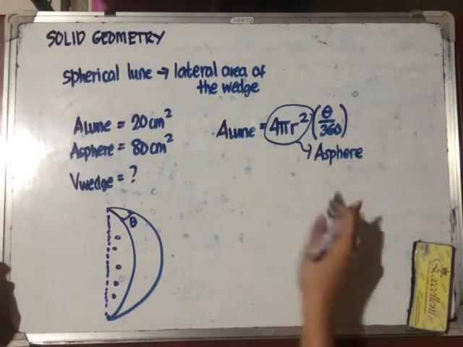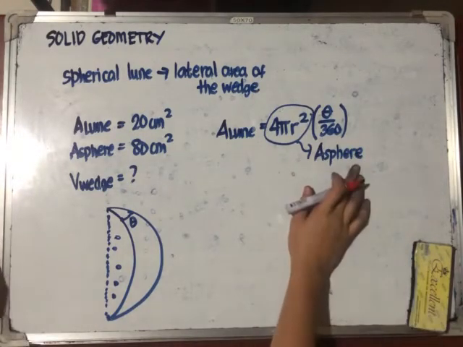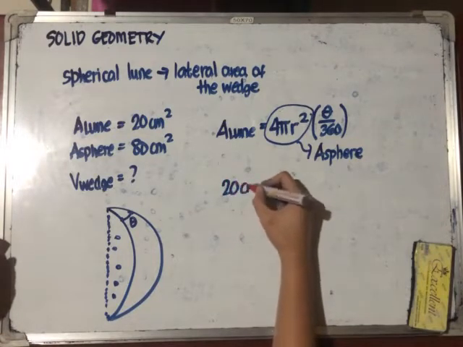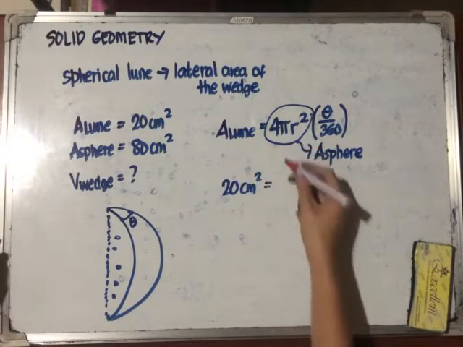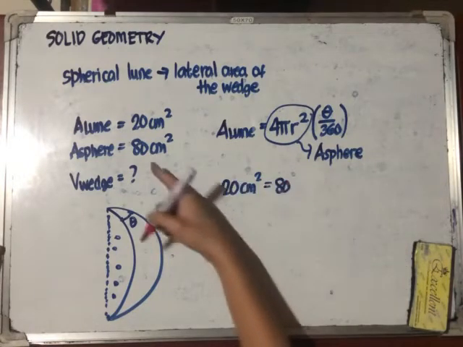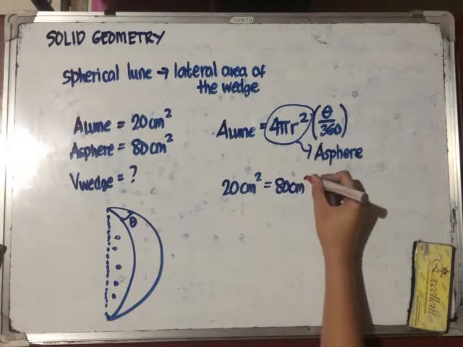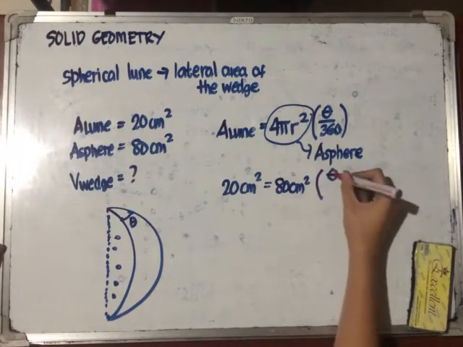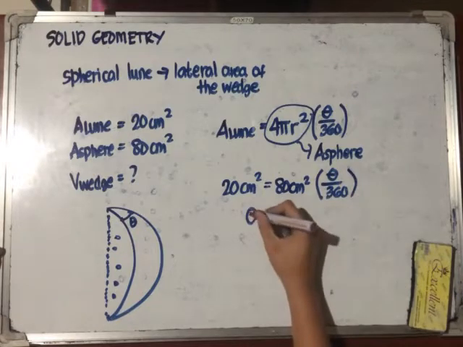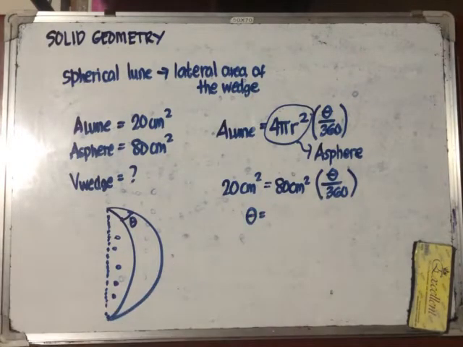Do you recall? 4 pi r squared is the area of the sphere. Now, we can substitute our values here. 20 cm squared is the area of the lune, and 4 pi r squared, equal to the area of the sphere, is 80 centimeters squared. So, theta over 360. What you can first compute is your dihedral angle theta. And that is how much? That is 90.